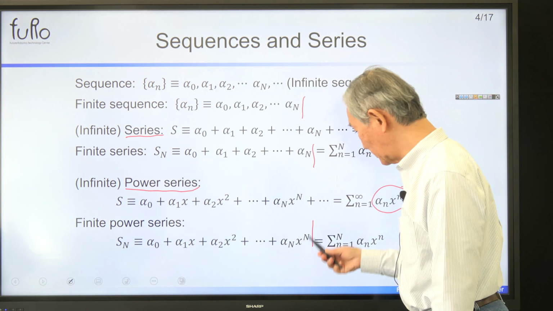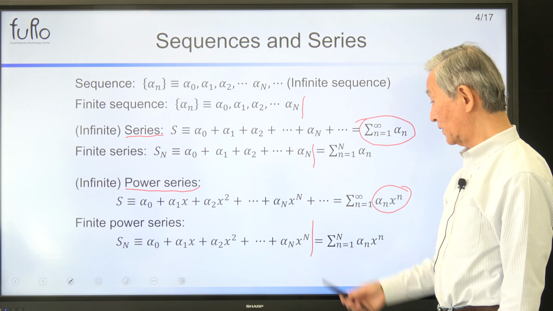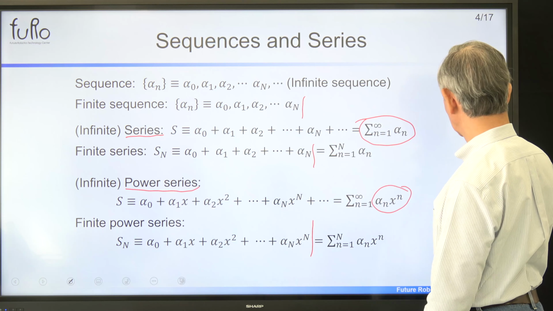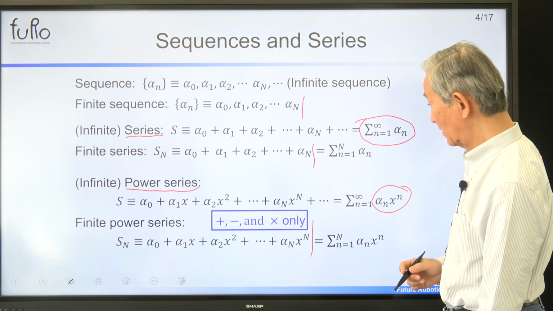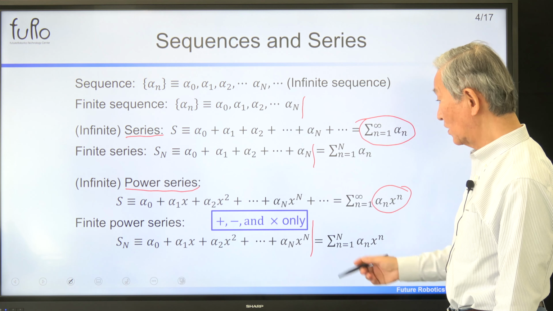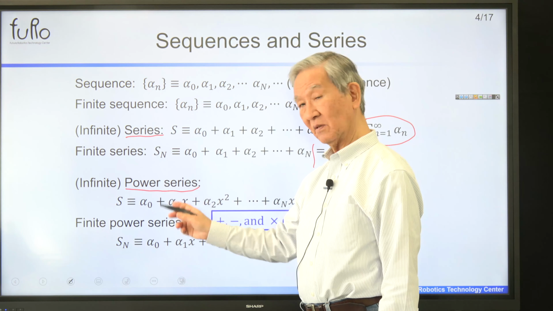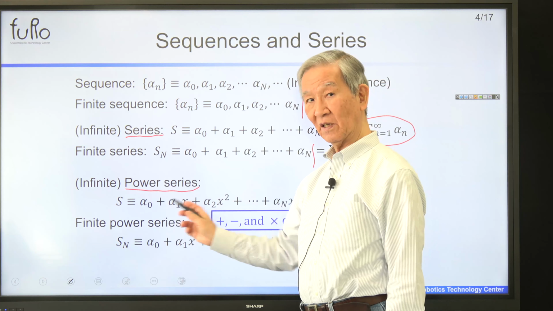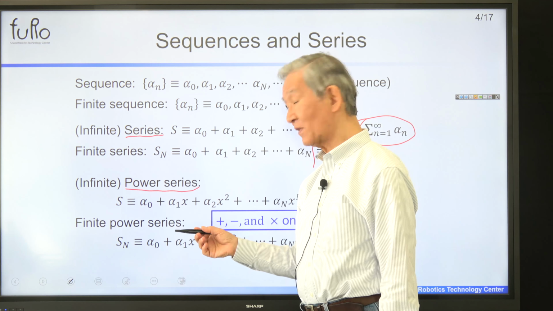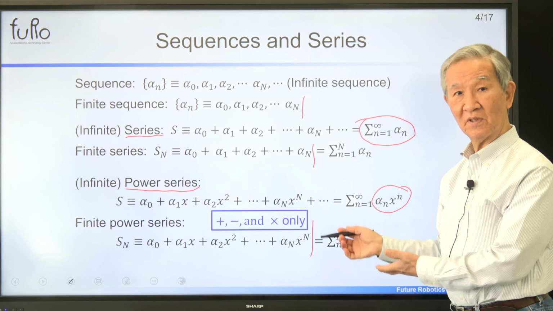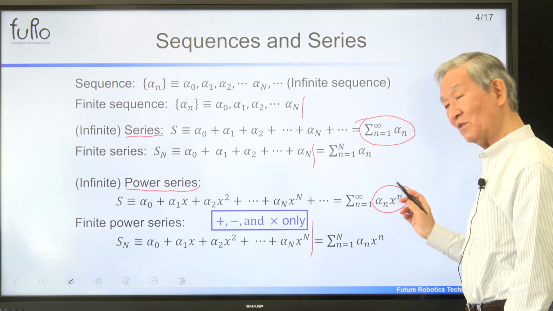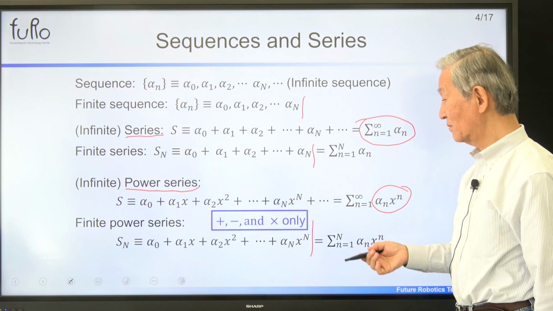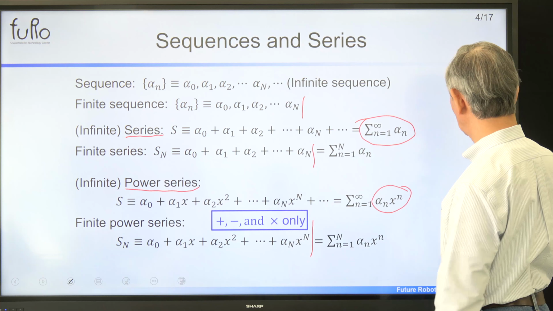And once again, if you terminate here, you have x to the nth power. But whether finite series or infinite series, you only use addition, subtraction, and multiplying constants. That's all you need, right? So computers can do it. Infinitely many of them, probably not.